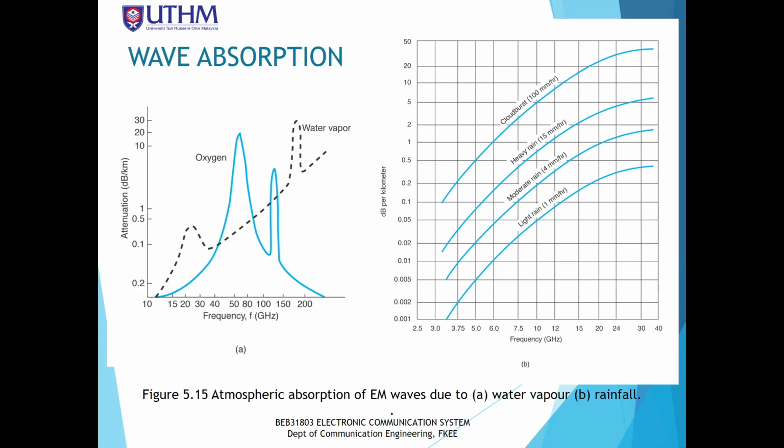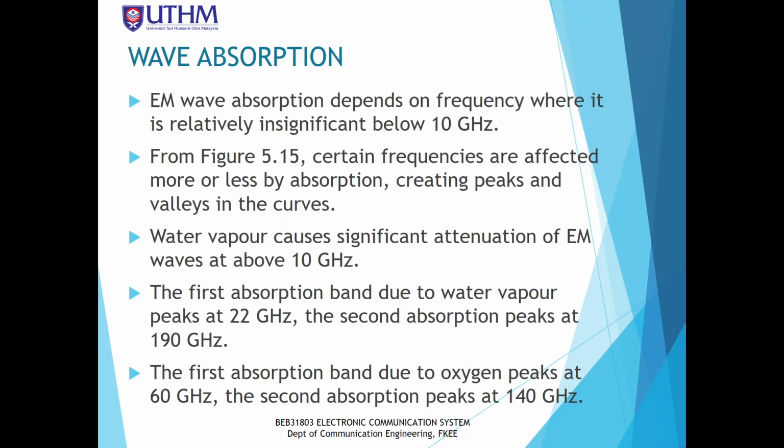One of the things that absorb the wave energy is the rain particle, rain. And also the air particles actually absorb the energy of the wave. But the most critical part here is rain attenuation due to the rain particles, raindrops. One of it is the raindrop particle.